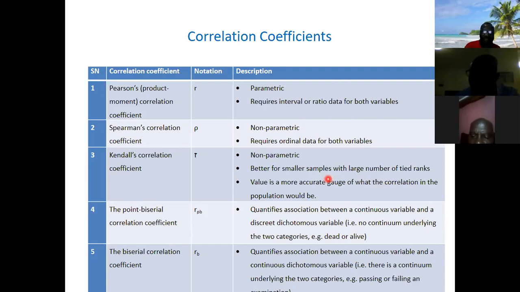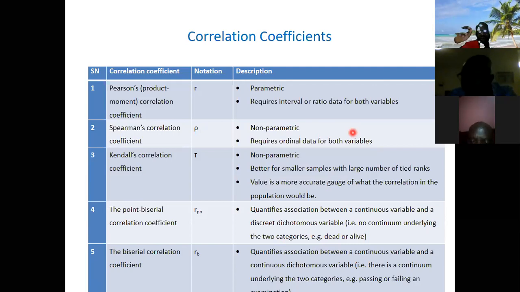This one is quite interesting also. This is an association between a quantitative variable and a continuous dichotomous variable. When you say dichotomous, there are two possible values, just like sex, or anything that is yes or no, dead or alive. Think of any two possible values. In the first one, point biserial, the two categories are just there, with no underlying quantitative value.